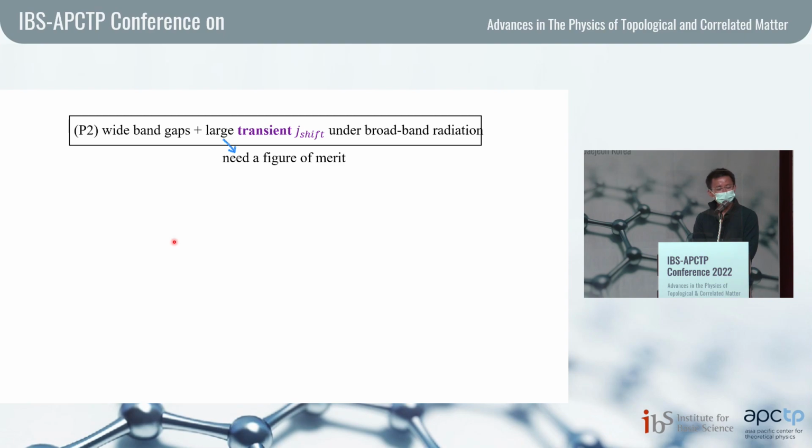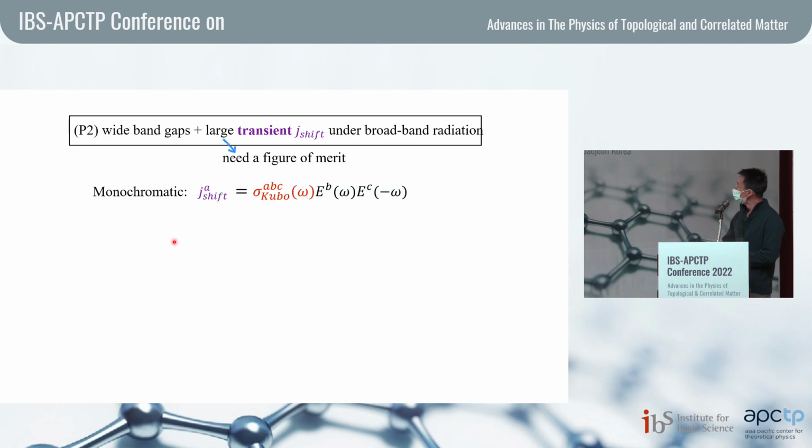Okay, having explained what transient means, I need to tell you what I mean by a large transient current. I need some figure of merit. With a monochromatic radiation, we can consider this nonlinear conductivity that's derived in some Kubo-type formula, and it depends on the frequency of the light.